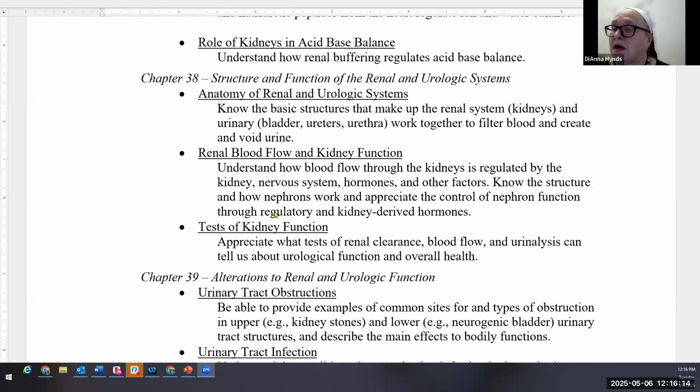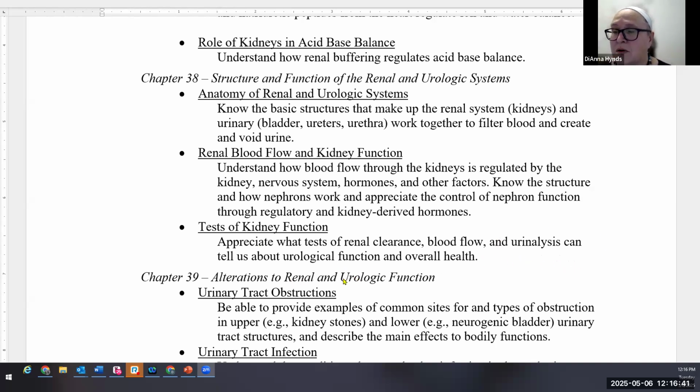And then this chapter also talks a bit about tests of kidney function. So what tests you can use to test whether the kidneys are working appropriately. And a lot of this is through urinalysis. There are other things that you can test, so you can test renal clearance, blood flow, but a lot of things come from urinalysis.